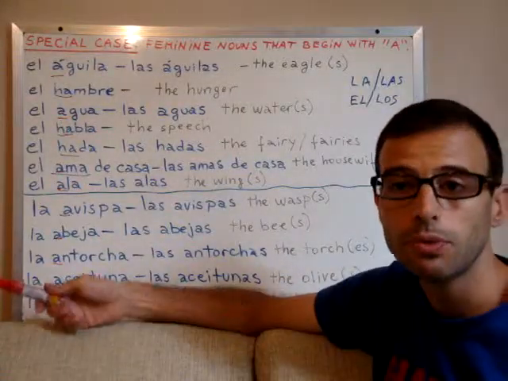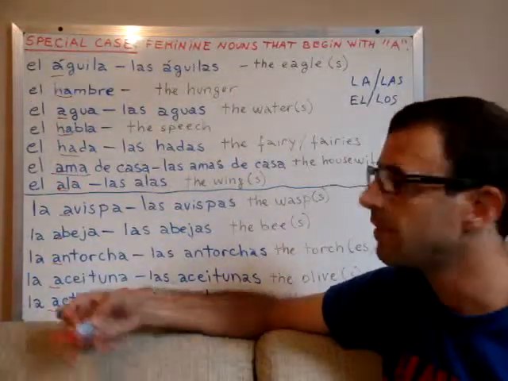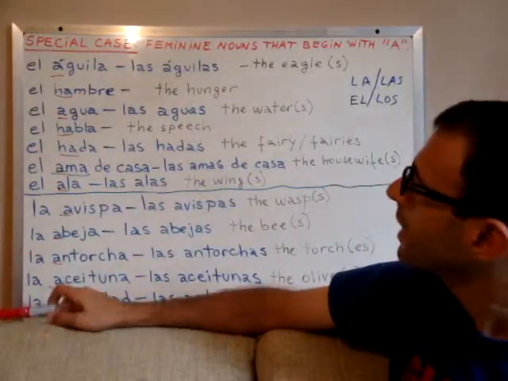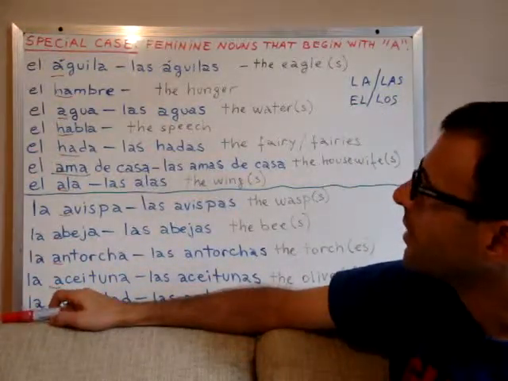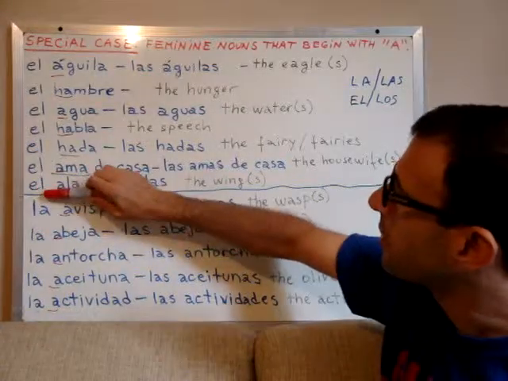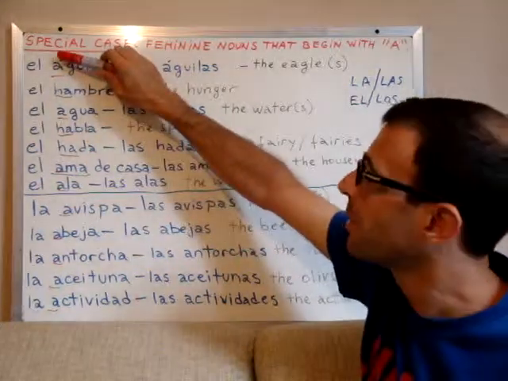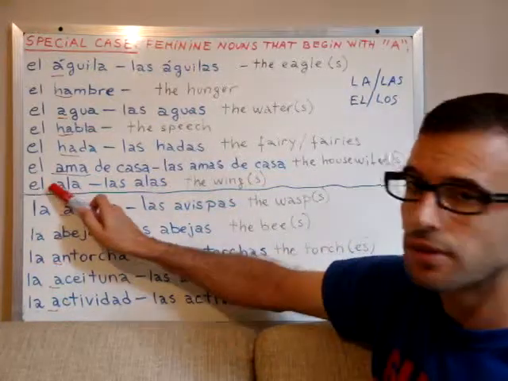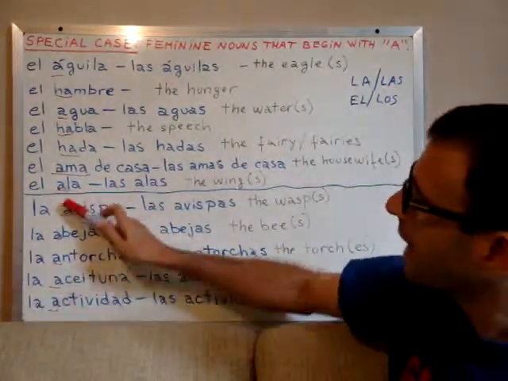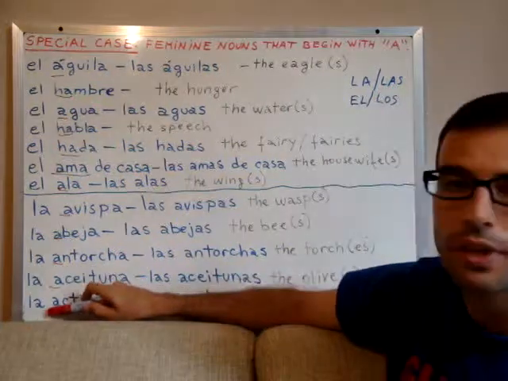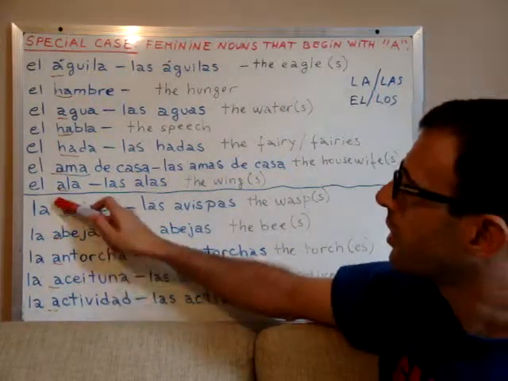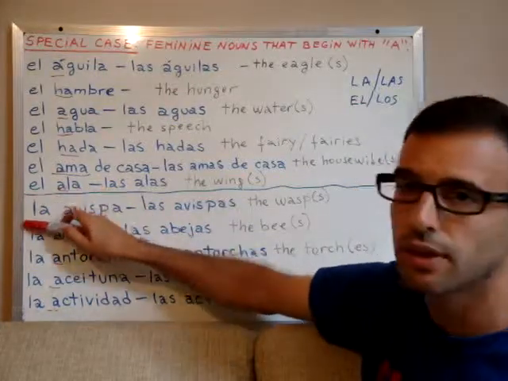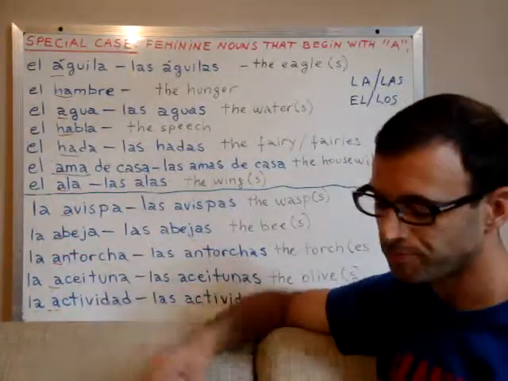Since the H is mute, phonetically it's as if they began with an A. However, you can see that there is a bigger group where we need to use a masculine article for the singular, and a smaller group of words that remain using the feminine singular article.